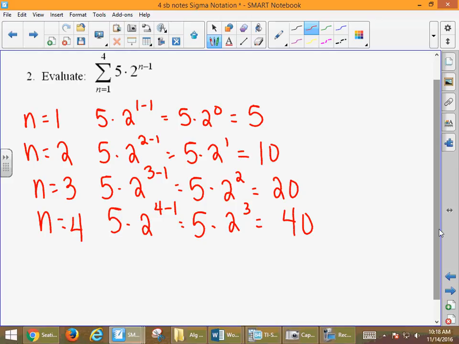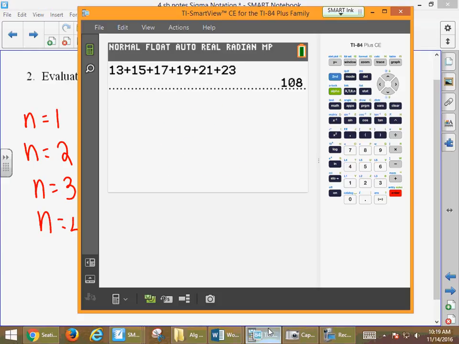And once again, we're going to add these values up to find our answer to the sum of terms 1 through 4 in this particular sequence. And it was 5 plus 10 plus 20 plus 40 gives us 75.